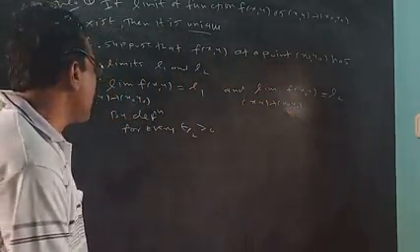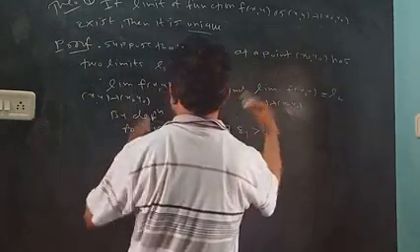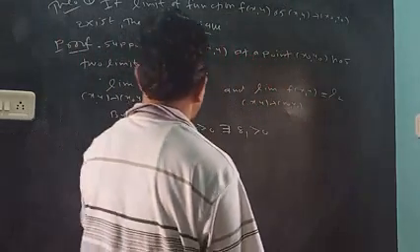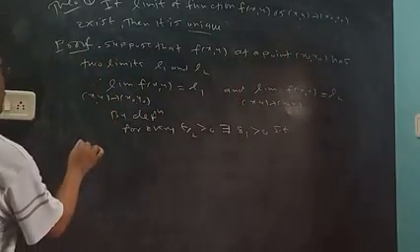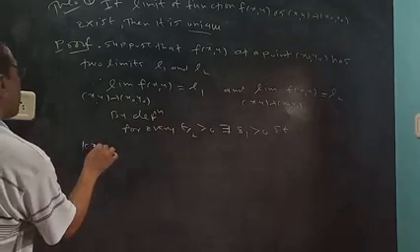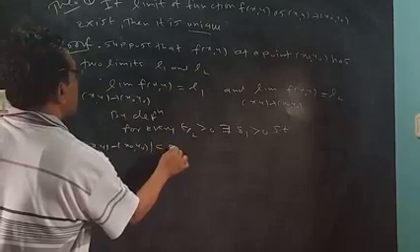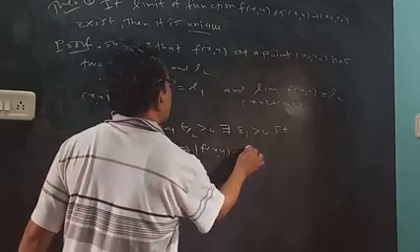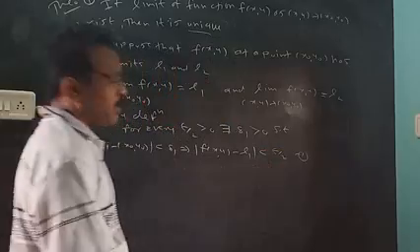So for every epsilon greater than 0, there is a delta 1, because two limits are there, so for the first delta 1 and for the second delta 2, such that if mod of the pair (x,y) minus (x0,y0) is less than delta 1, then we have mod of f of x,y minus L1 is less than epsilon by 2.